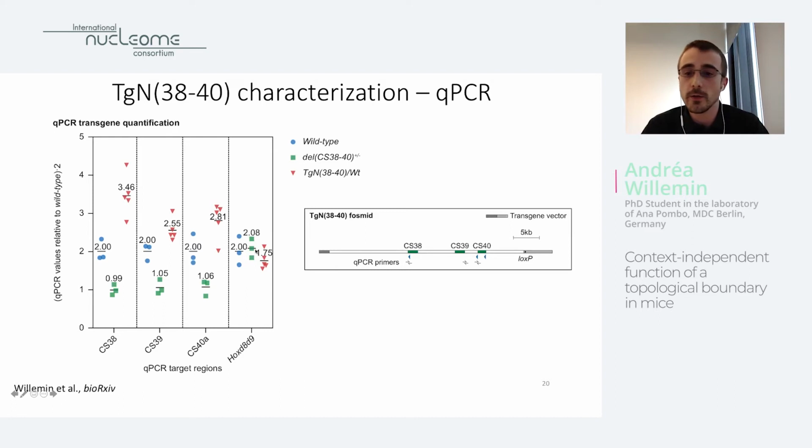Then concerning regions CS38 to CS40, I need to mention that an absolute allele count of 2 had to be assigned to the endogenous region. So this means that CS38 appeared to be present somehow in more than one copy at the integration, whereas CS39 and CS40 were both present in only a single copy.